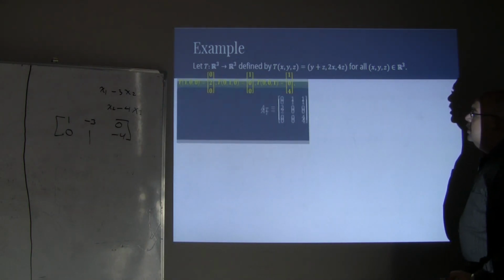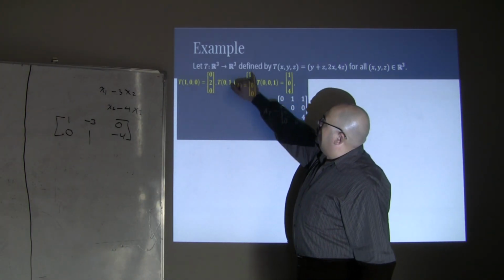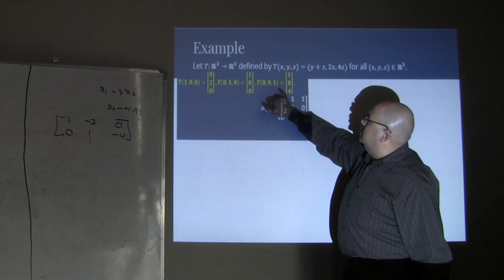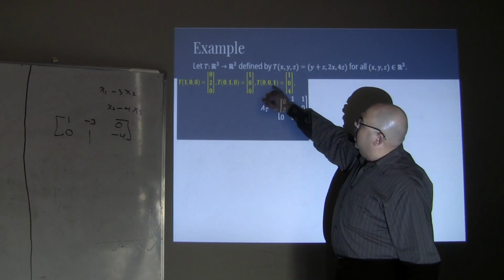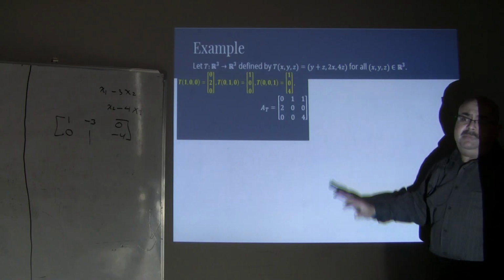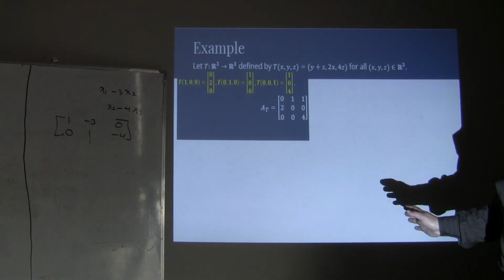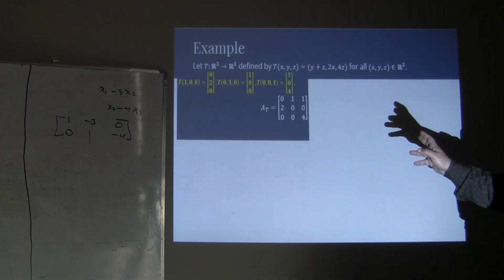If I'm using (1, 0, 0), (0, 1, 0), and (0, 0, 1), it will give you the columns of the transformation matrix. And it is exactly the same as we found previously. Okay? So that's the matrix that I want.